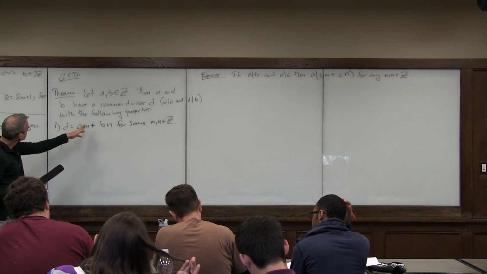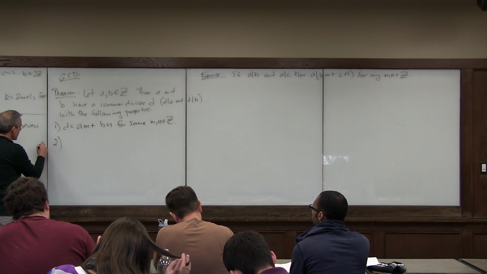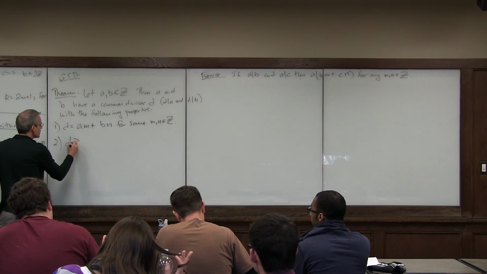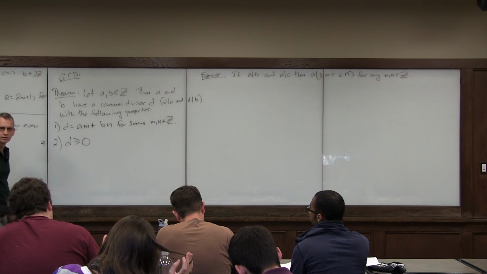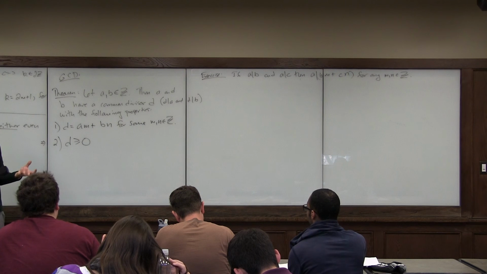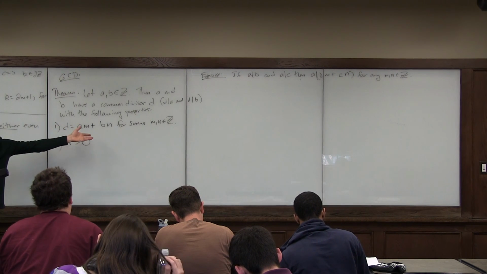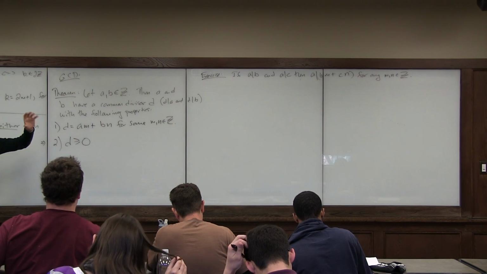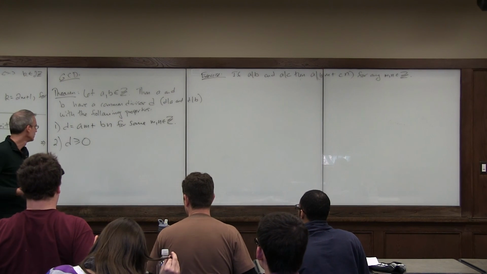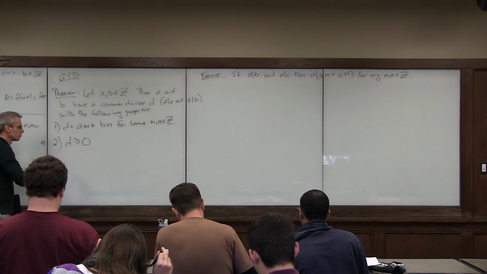So once we have one of those guys, then we can get one that's non-negative just by, well, if the one we started with was negative, if we negate it, we still got a common divisor, right? Because of the plus or minus lemma, okay? So we can always make it bigger than or equal to 0.